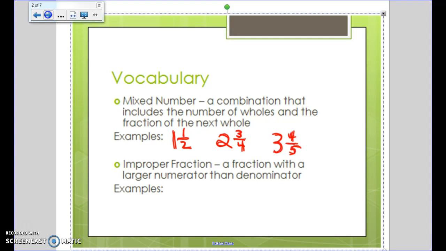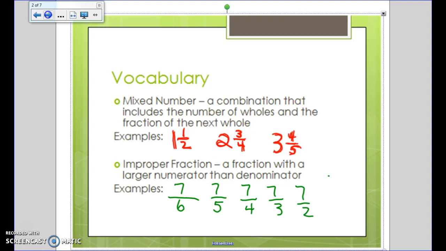Okay? An improper fraction would be whenever the numerator, or the top of the fraction, is greater than the denominator, or bigger than the bottom of the fraction. So for example, if I had 7 on the top, an improper fraction would be if there was a 6 on the bottom, because 6 is less than 7. Or 7/5 would be an improper fraction, 7/4, 7/3, or 7/2.